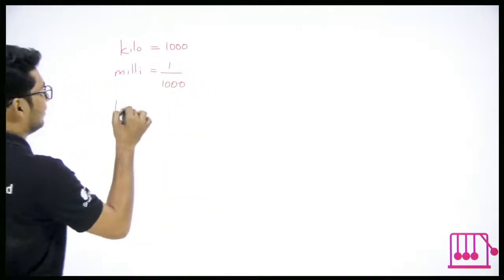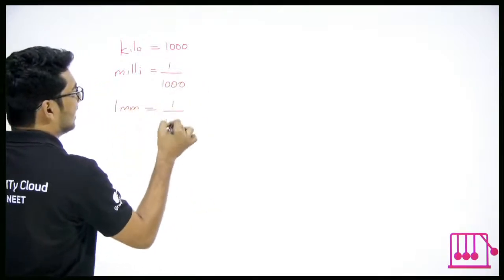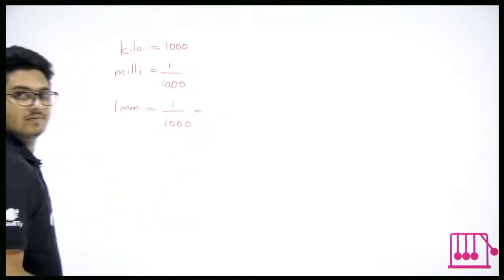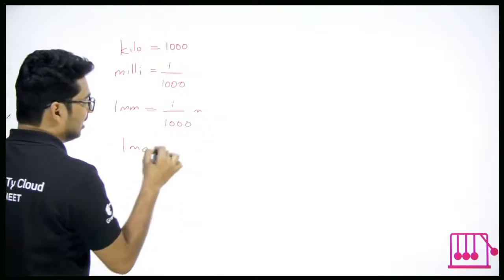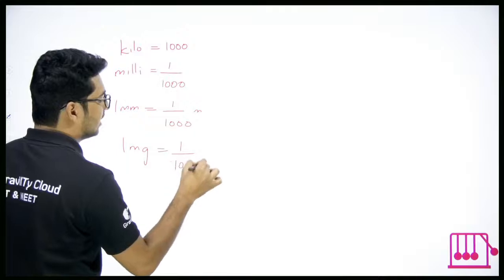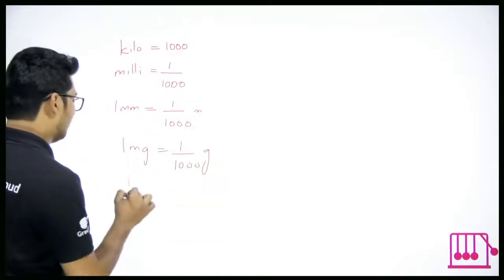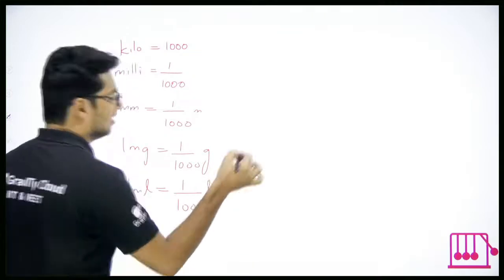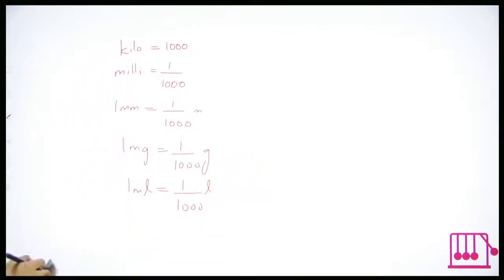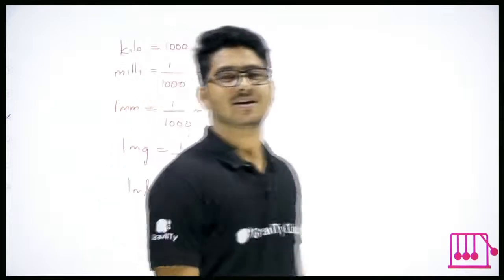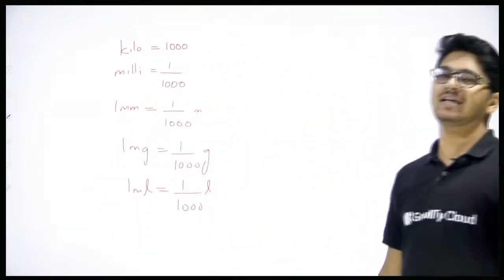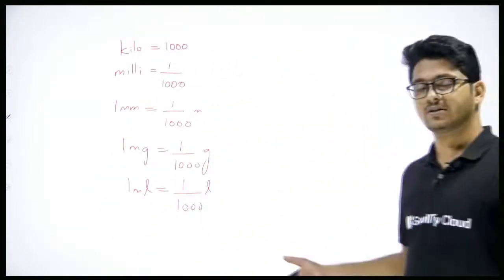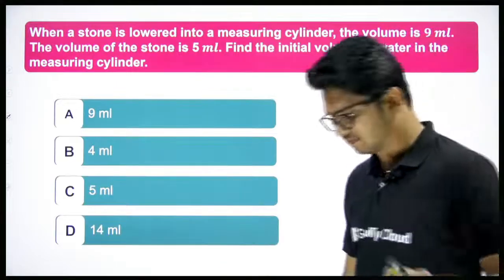So 1 millimeter will be 1 by 1000 meters, 1 milligram will be 1 by 1000 grams, and 1 milliliter will be 1 by 1000 liters. Kilo is 1000, milli is 1 by 1000. That's it. Understood? Good. Next question.